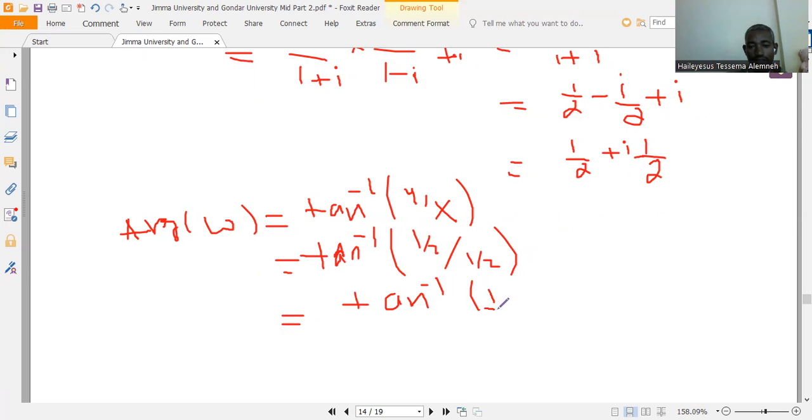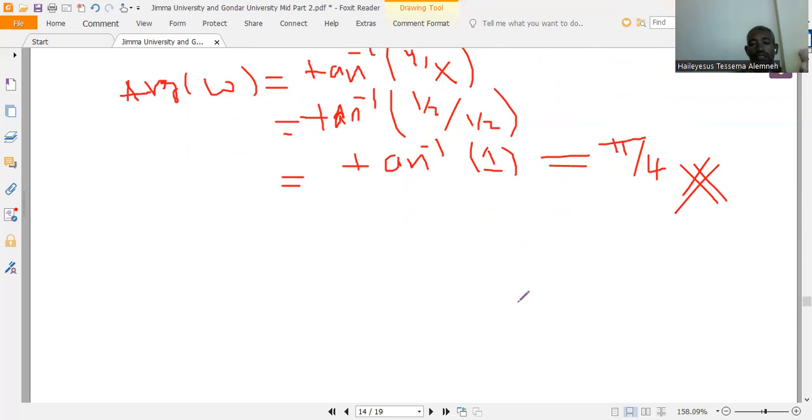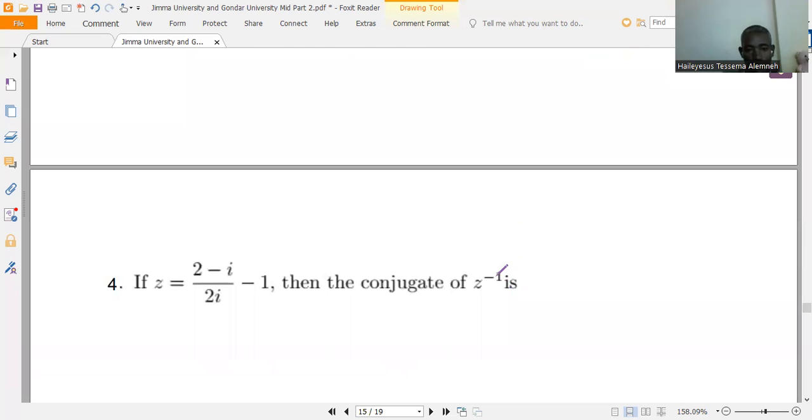What's tan inverse of 1? Clearly pi over 4. This is the argument of w, so pi over 4 is the solution.